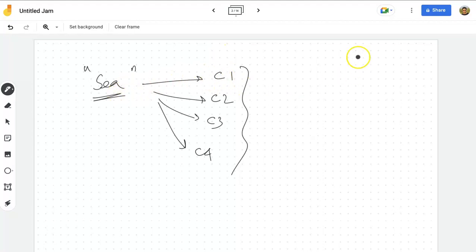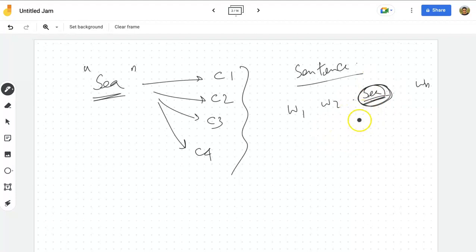Suppose we have a sentence with words W1, W2, Wn. In between there is a word called C, and we want to tag and link this entity with some Wikipedia entity.